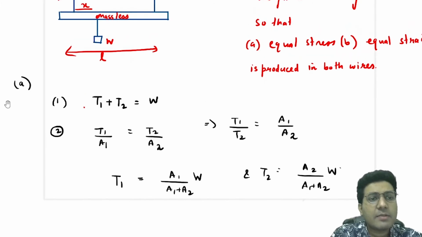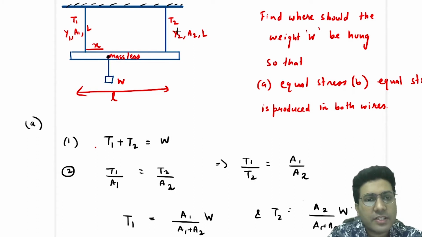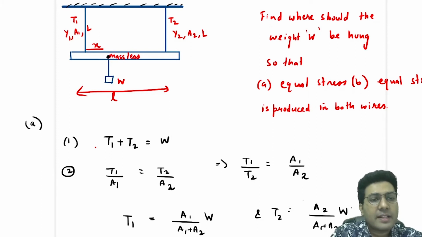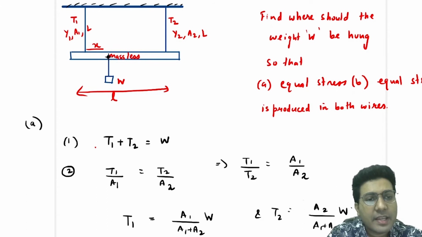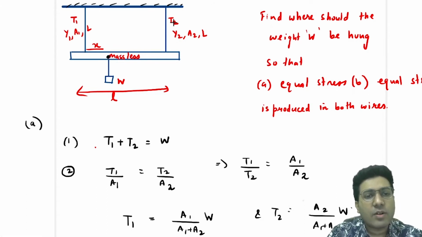Now the third equation will be the torque equation. You know that the torque has to be balanced in equilibrium. So if you balance the torque about this point, then there will be the torque of tension T1 and the torque of tension T2. There will be no torque of this weight because we are finding the torque about this point and the weight is acting at this point only. So in that case, the torque due to T1 will be balanced by the torque due to T2.